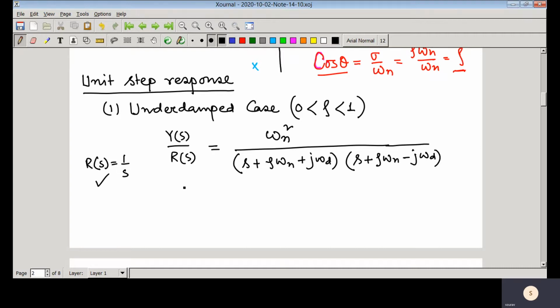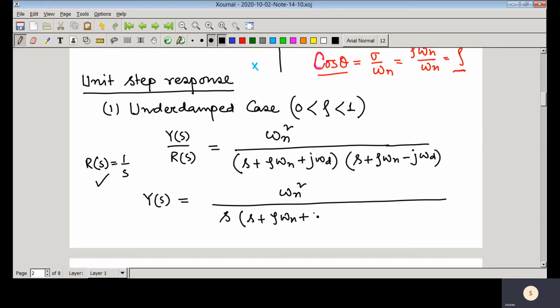So then Y(s) would be equal to omega n square, and in place of R(s) we write 1 by s, so it would be s times the two factors, s plus zeta omega n plus j omega d and s plus zeta omega n minus j omega d.